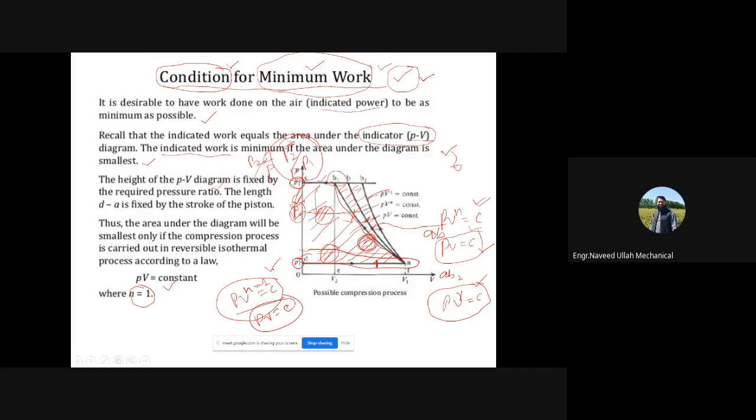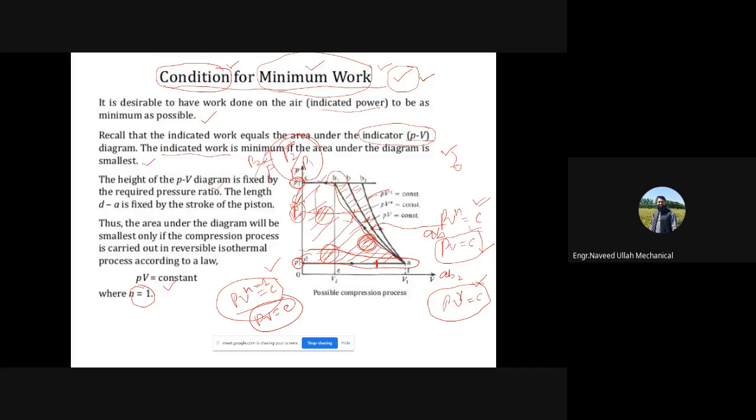So the summary of this slide is, you can see in the indicator or the PV diagram, if you somehow can achieve the isothermal compression process, you can decrease the area under the curve, and ultimately the power consumed by the compressor will be minimum.